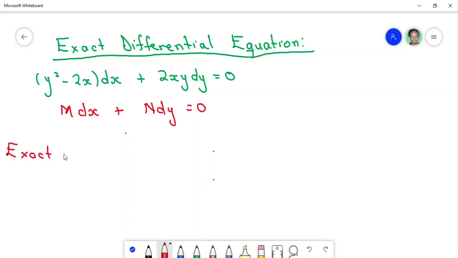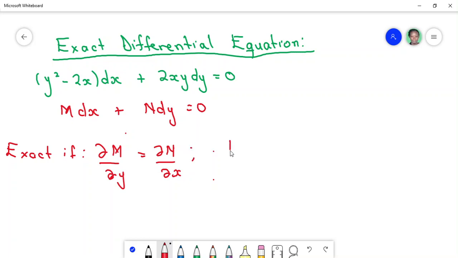if the partial derivative of M with respect to y is equal to the partial derivative of N with respect to x. Okay, so here what do we have?